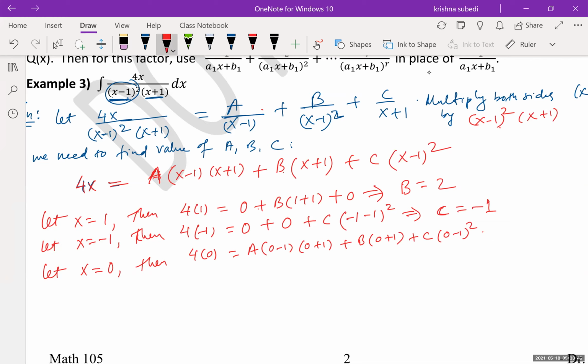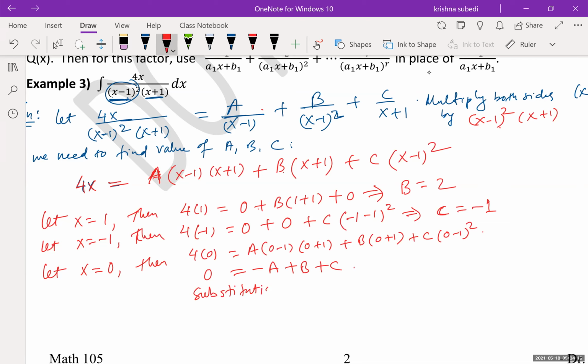If I solve this, I'm going to get 0 there, and this will be negative a, plus b, plus c. That's what we got. Now substitute the value. We already know the value of b and c. So substitute. Guys, so far we are doing all high school algebra. We are not doing any integration yet.